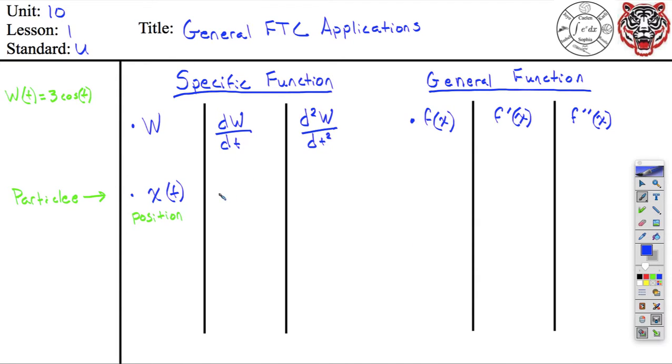So position, and when I take the derivative of position, I get what function and what does that function represent. So what's the letter first? I take the derivative of x and you get v of t. V of t, exactly.